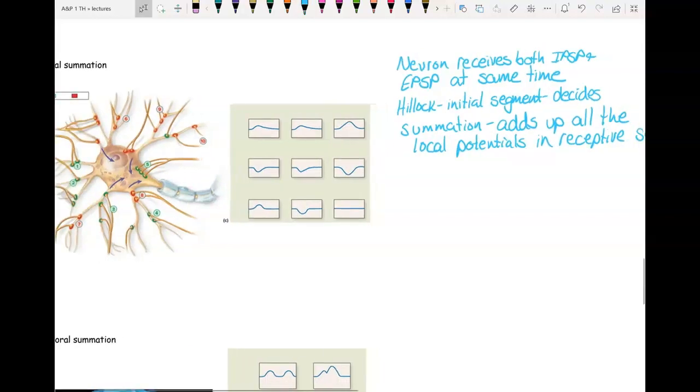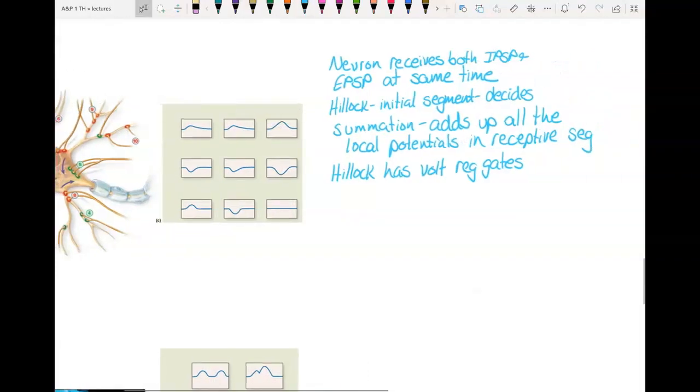The hillock has voltage regulated gates. And remember, voltage regulated gates open if you can reach at least -55. -55 is your threshold.